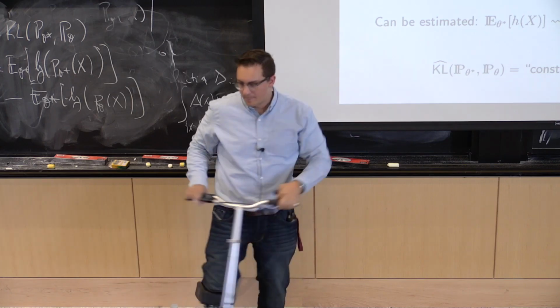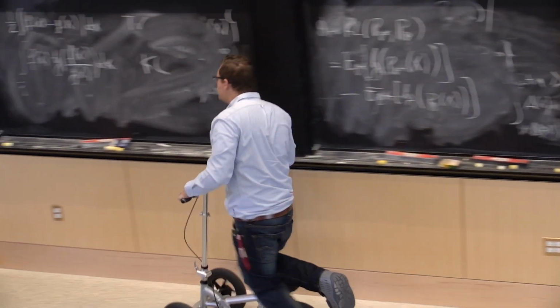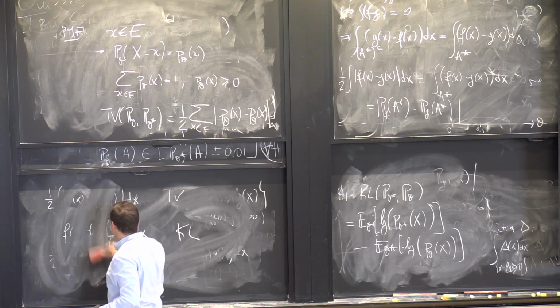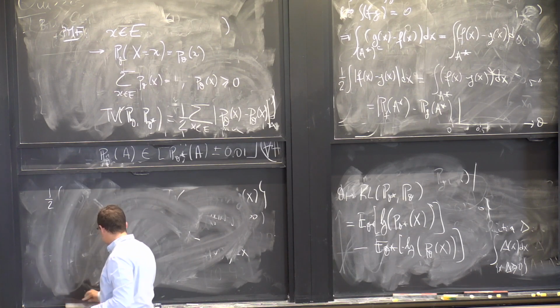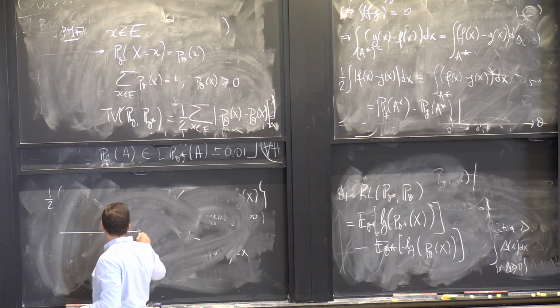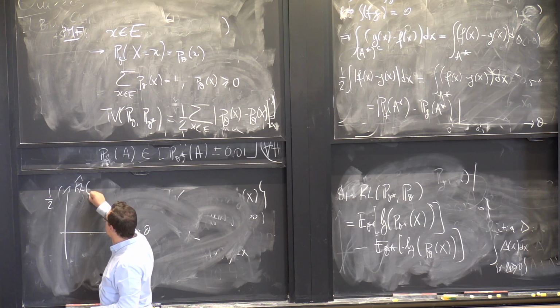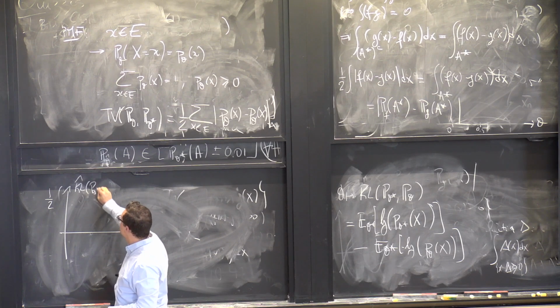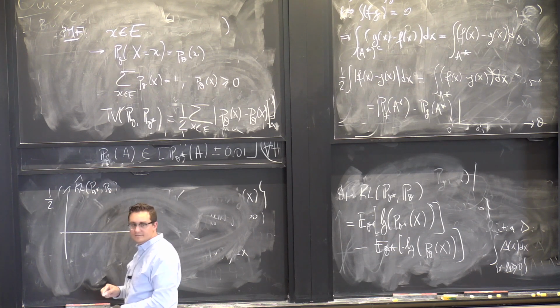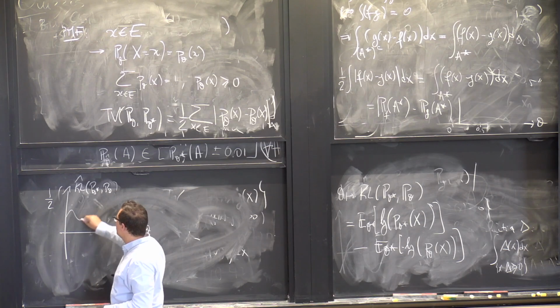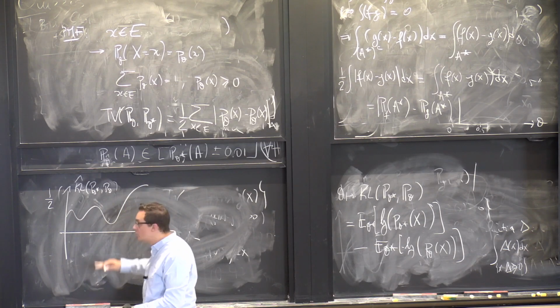Now I have a function of theta. This is KL hat of p theta star, p theta. It's a function like this. I don't know where this function is.